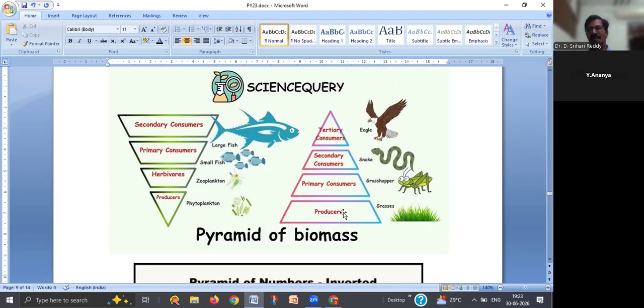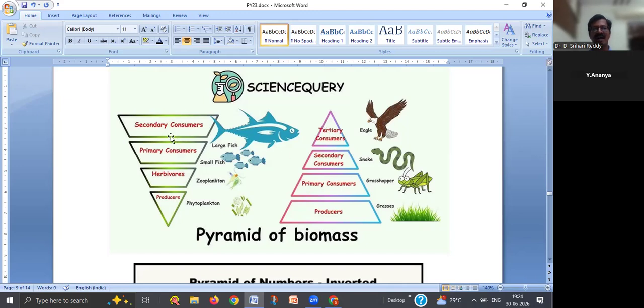The biomass of the producers is more compared to the biomass of the primary consumers, which are herbivores like grasshoppers. And the biomass of secondary consumers is less compared to primary consumers. And finally, the biomass of the tertiary consumers is even less. So we see the upright pyramid in the case of the grassland ecosystem.